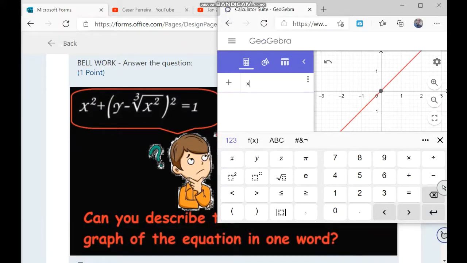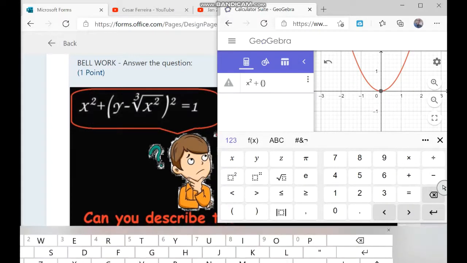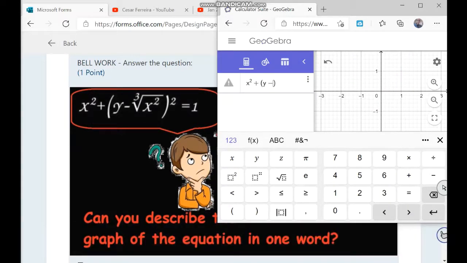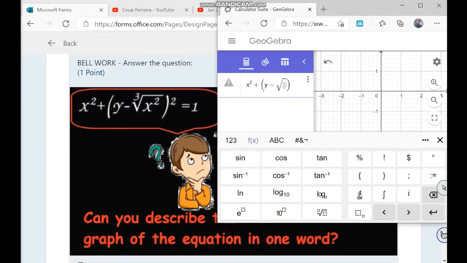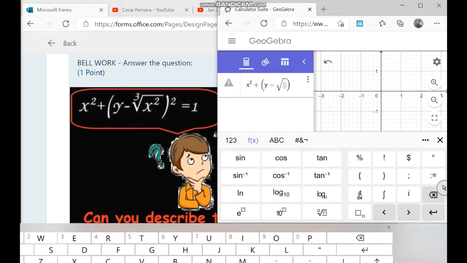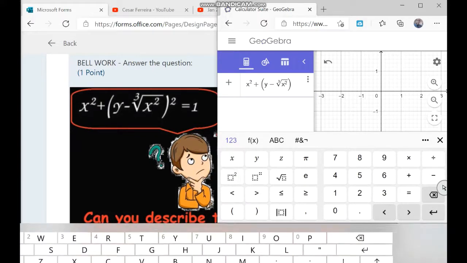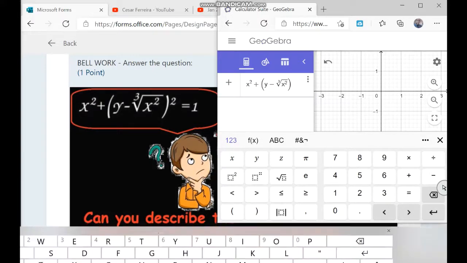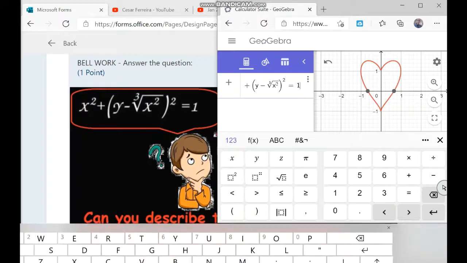Type x squared plus, parentheses, y minus the cube root, which you're going to find here on fx, and the root, and you need number 3 here, this cube root, of x squared, and this is squared, equals 1.